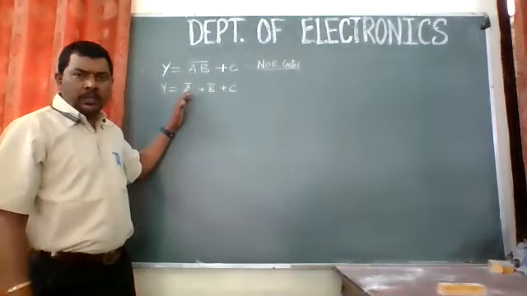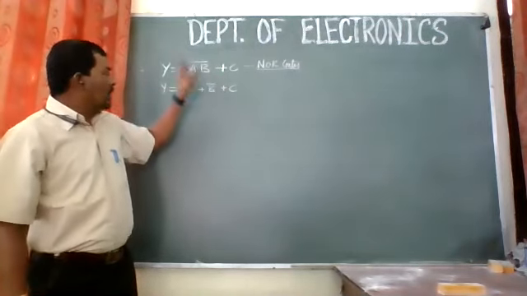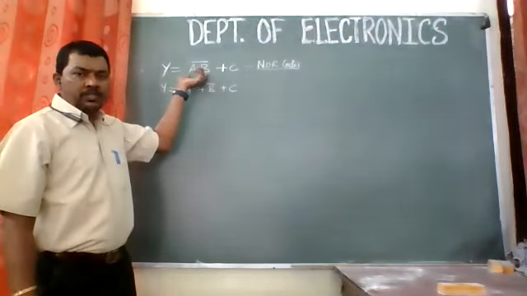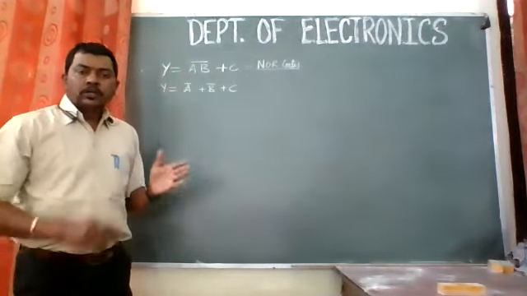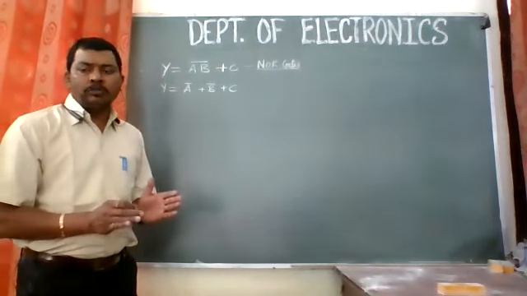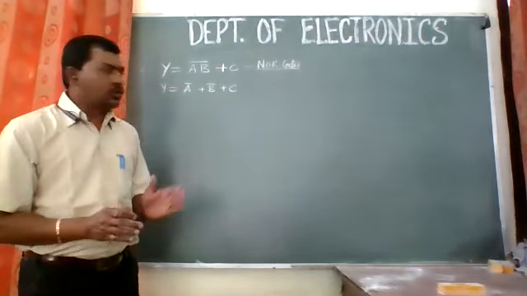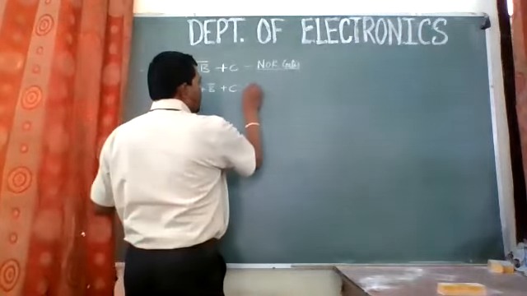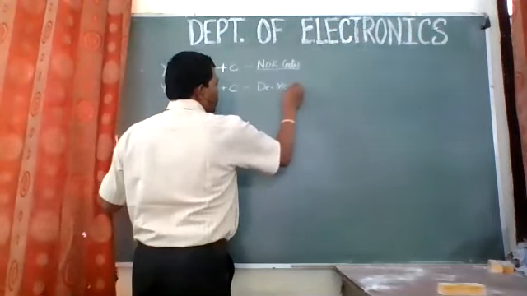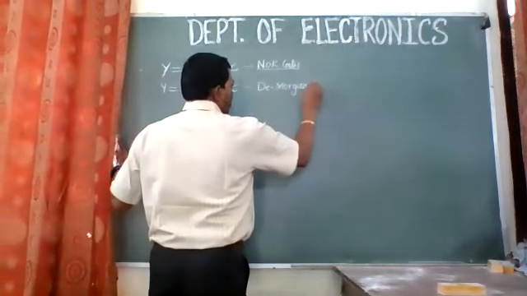Have you understood? This is as it is. I've just expanded a dot b bar. The complement of the product is equal to the sum of the complements. That is what we have taken, by using De Morgan's theorem.